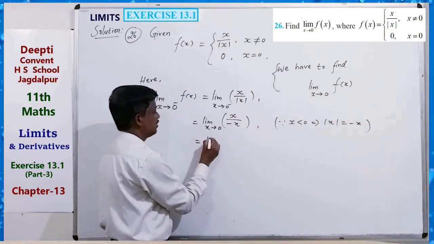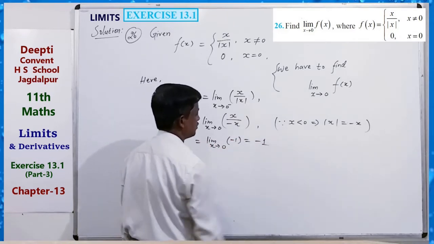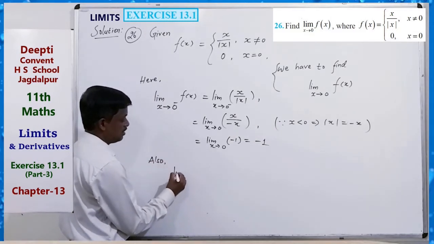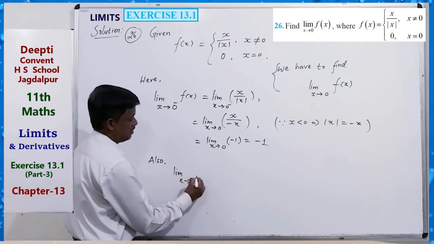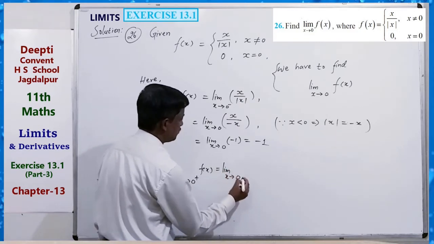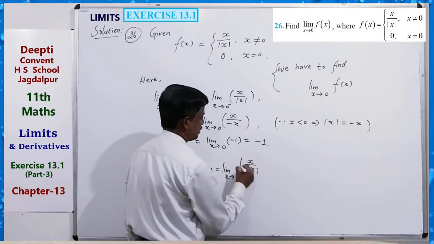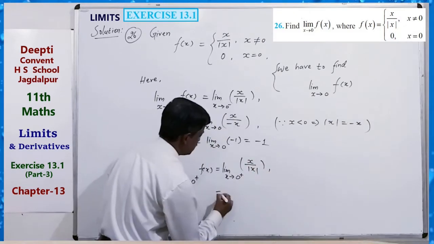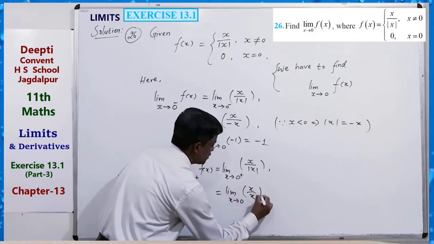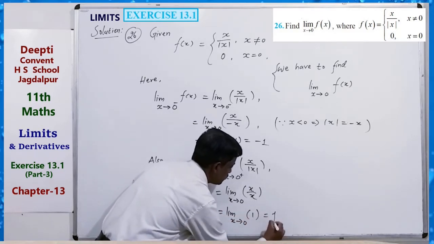So we get the limit as x tends to 0 of minus 1, equals minus 1. Also, the right hand limit of f(x) equals the limit as x tends to 0 plus of x upon mod x. Using the same process, x by x, the limit as x tends to 0 of 1 equals 1.